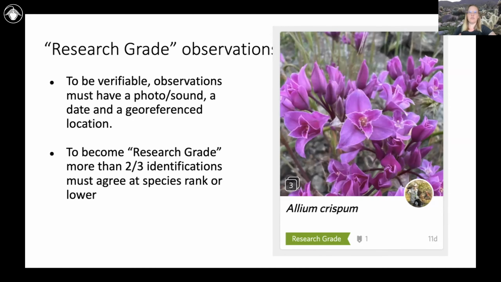So if you say, well, I know this is Allium crispum, and someone else comes along and says, yep, that's right, that becomes a research grade observation. So if somebody disagrees, then you have to have more people agreeing to reach that more than 2/3 threshold. So it is a cool system.